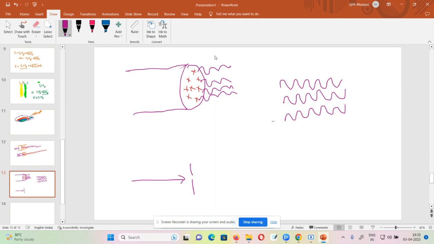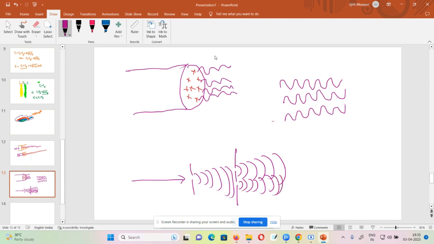I will pass this light source through some slits, a two-slit arrangement, such that each slit produces secondary wavelets, and these get interfered.